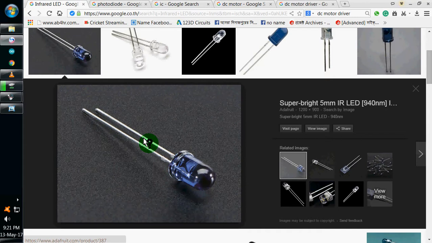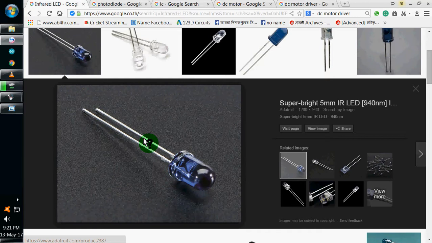Today we are talking about the infrared LED. It also emits light when connected in forward bias, but the light's wavelength is in the infrared range, so you cannot see the light with our own eyes. We need some special equipment to see it. If we use our mobile phone in front of this LED, we can see the light emitting from the LED.